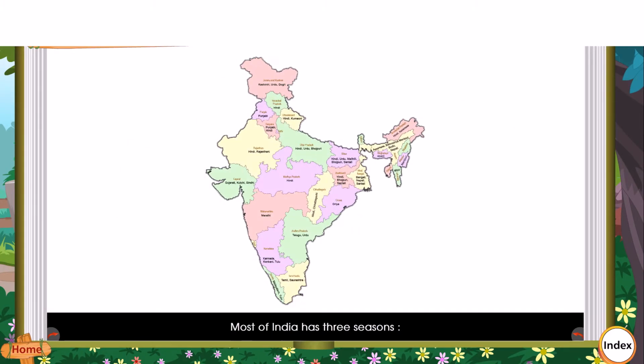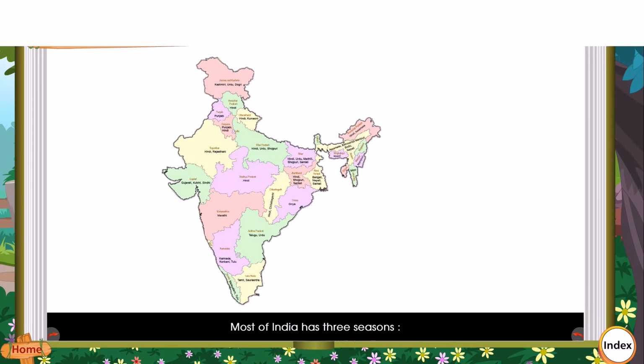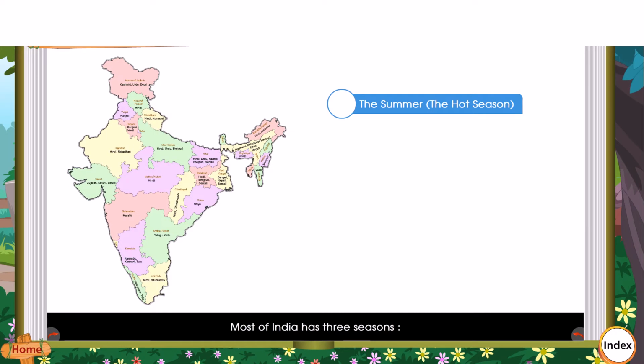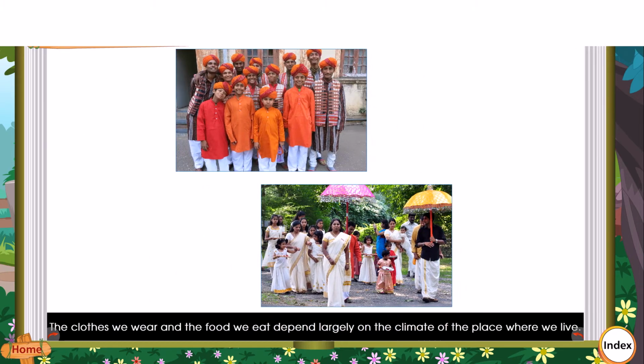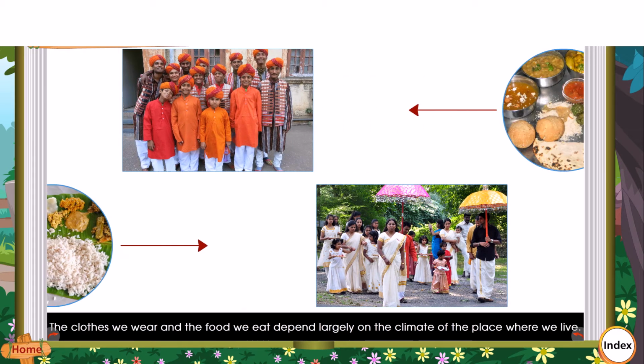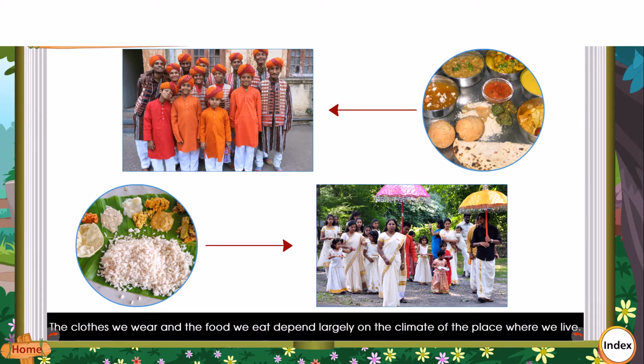Most of India has three seasons: the summer, the hot season; the rainy season, the monsoon season; the winter, the cool season. The clothes we wear and the food we eat depend largely on the climate of the place where we live.